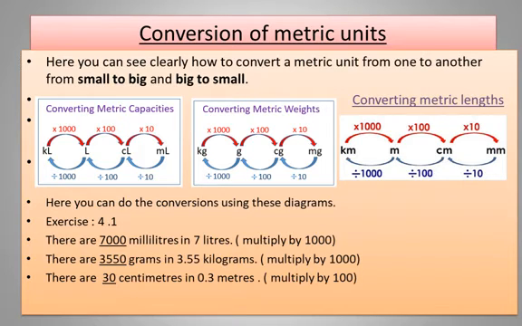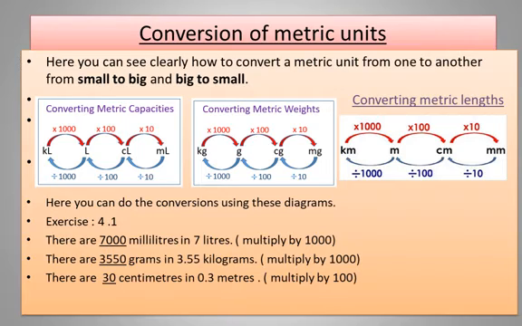Now I will explain the small to big. Just opposite we will do. If we have to convert from 7000 milliliter to liter, what you will do? See the metric capacities conversion diagram. Milliliter to liter.